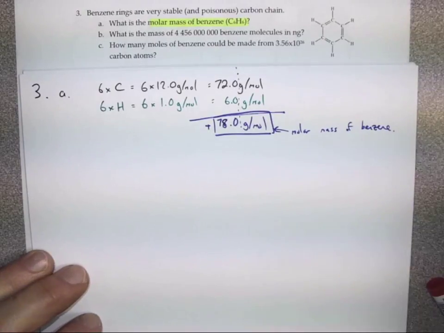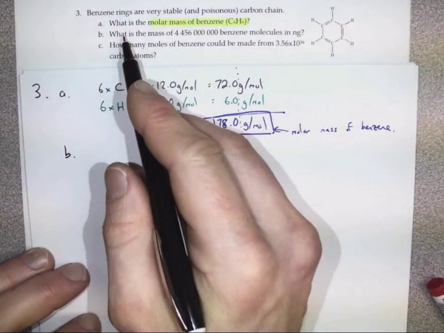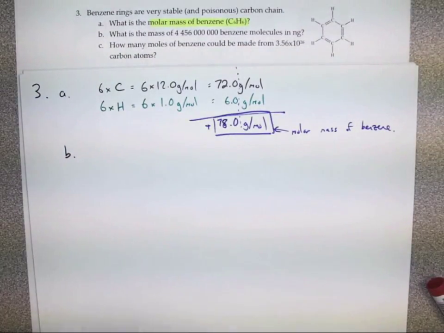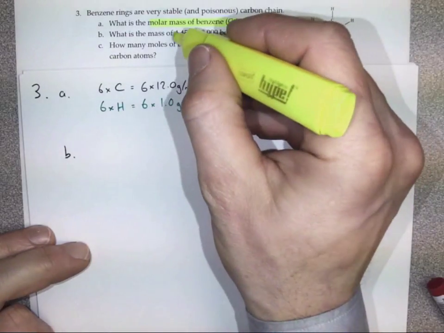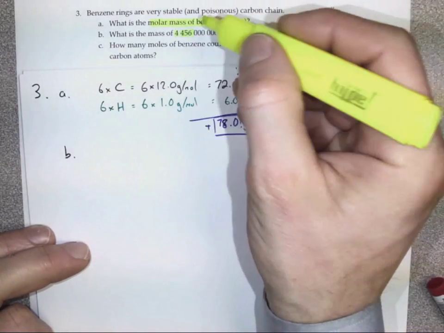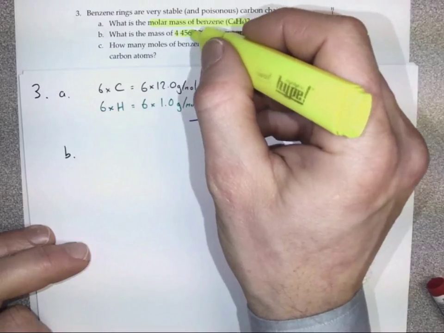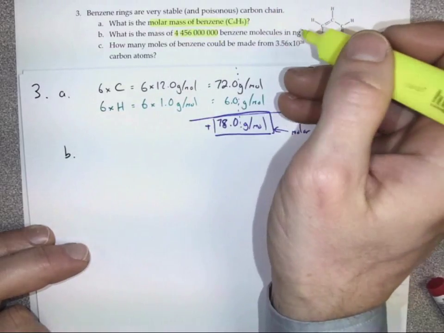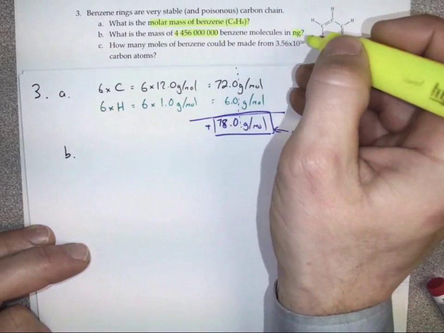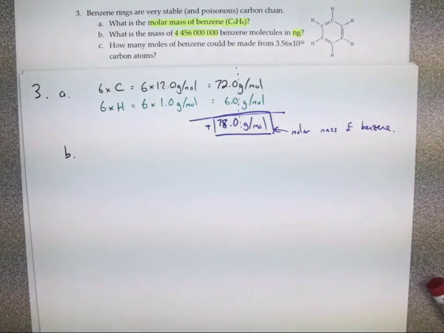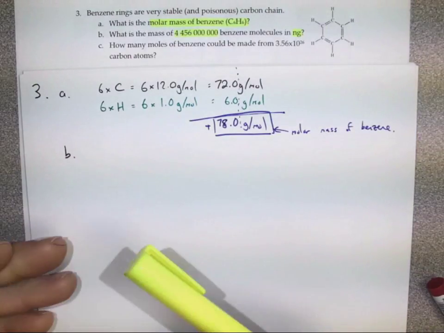All right, cool. Let's move on. We want to know what's the mass of 4,456,000,000 benzene molecules in nanograms. All right. That maybe seems kind of hard.